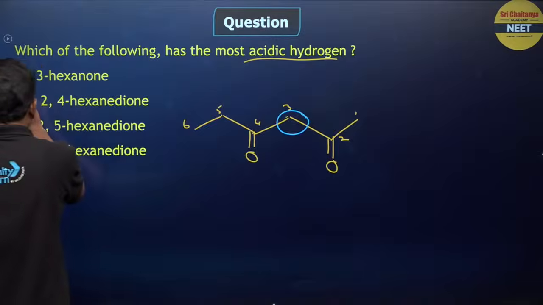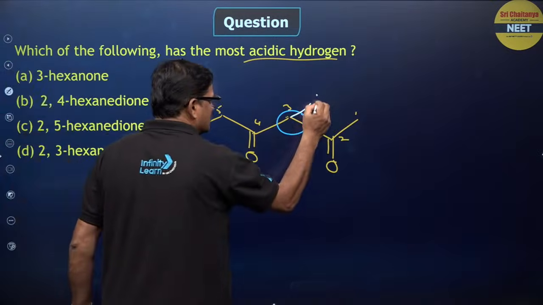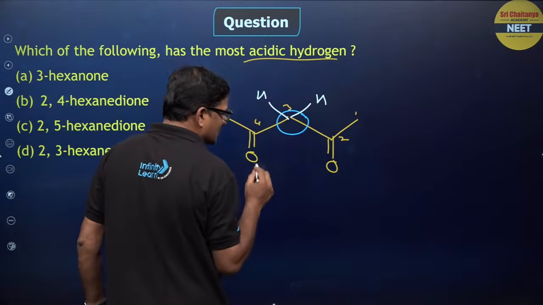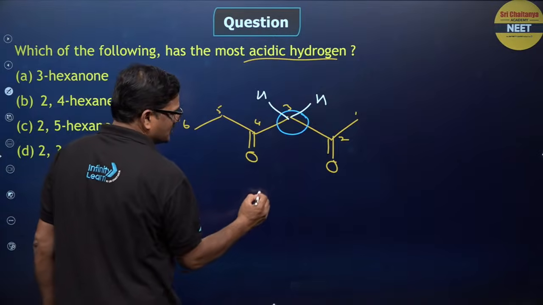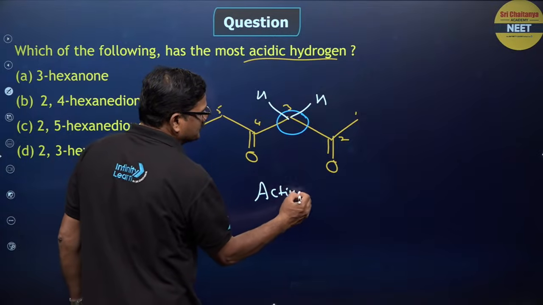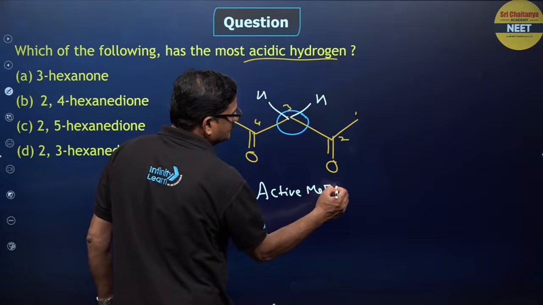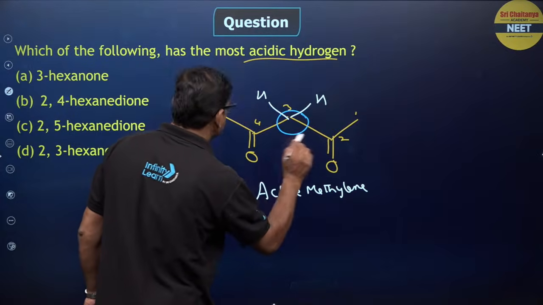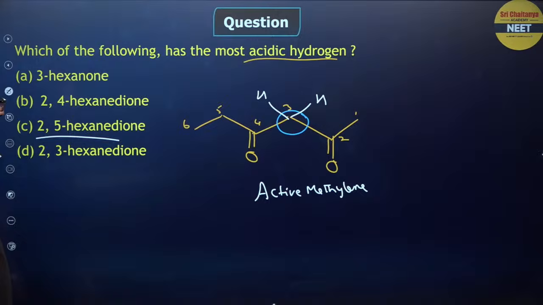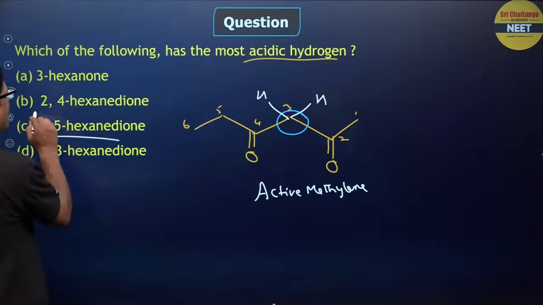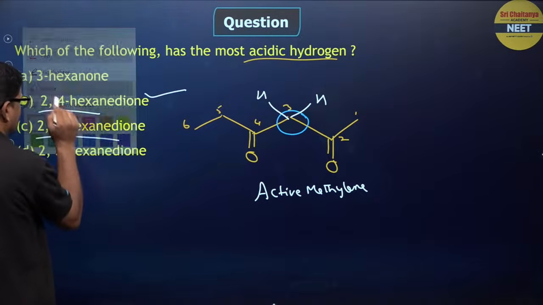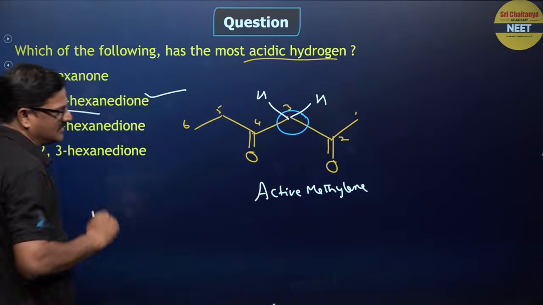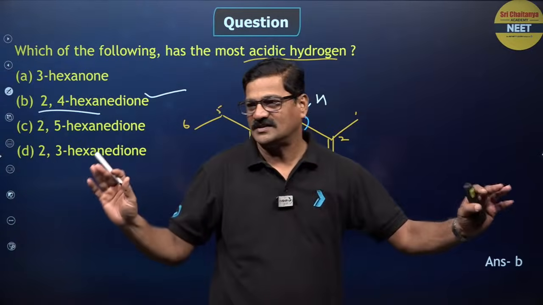In this active methylene group, you have a hydrogen here and a hydrogen here. 2,4-hexanedione is the correct answer for this question. I just want to say option B is the correct answer.